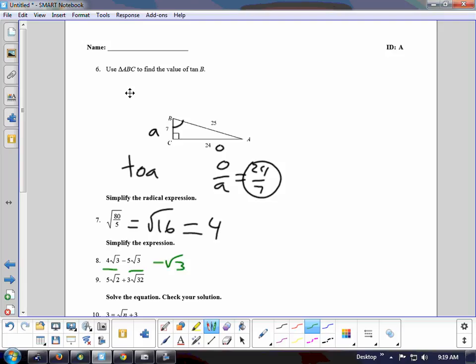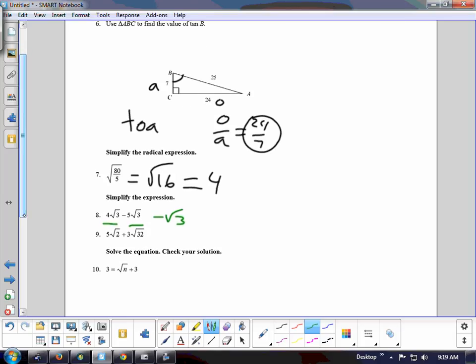Going to number 9. Number 9 is 5 times radical 2 plus 3 times radical 32. Okay, well, this can be broken down so it has a radical 2 base to it.